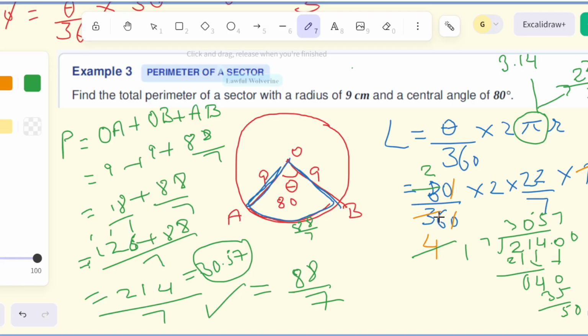Any step you want me to explain once again? I'm just writing it down for now. Okay, good. Carry on.